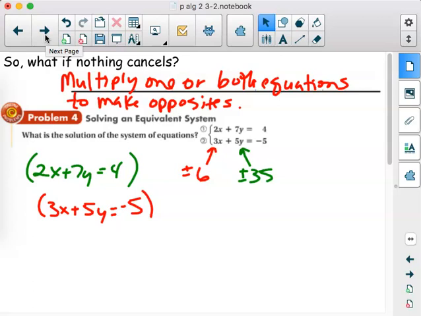So if I need this to be a negative 6x, I'm going to have to multiply this entire equation by negative 3. Because we know that that follows the laws of algebra. We can do that. We can multiply an entire equation by something, and it will be equivalent. And then on the bottom, I'm going to multiply that one by 2. Because again, my focus is to get a negative 6x and a positive 6x. Then when I add them together, the x's will be eliminated. That's why it's called elimination method.